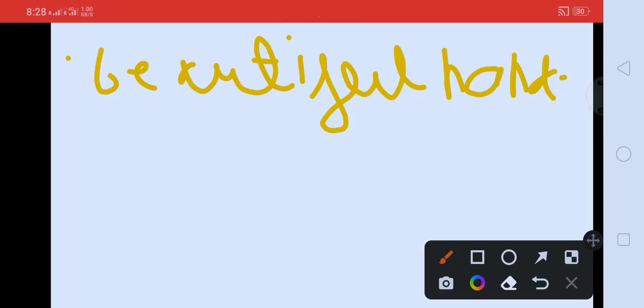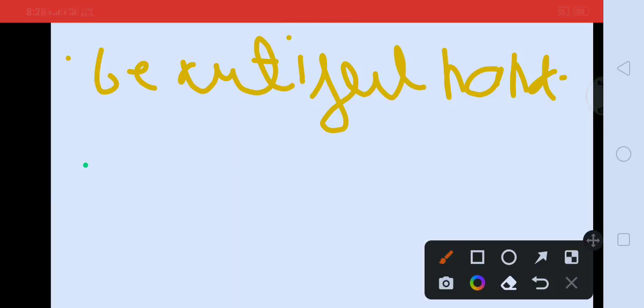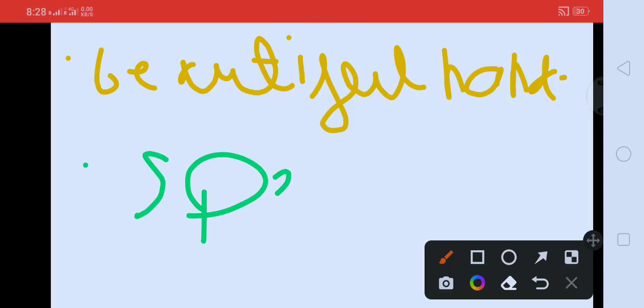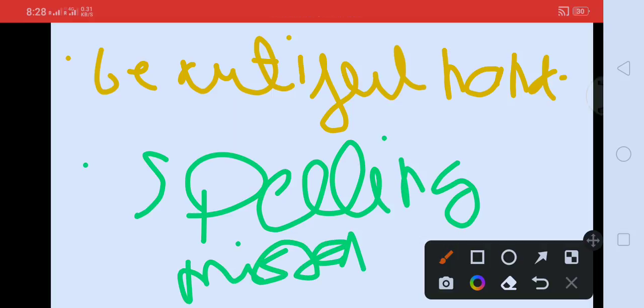He will also like it if you do this in your good way and in your own way. Okay, the next thing that you have to remember is, you should not make spelling mistakes. No spelling mistakes should be there.